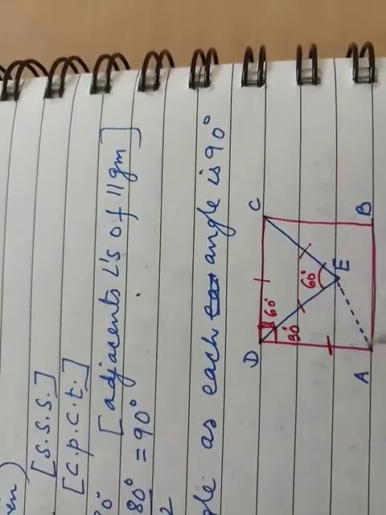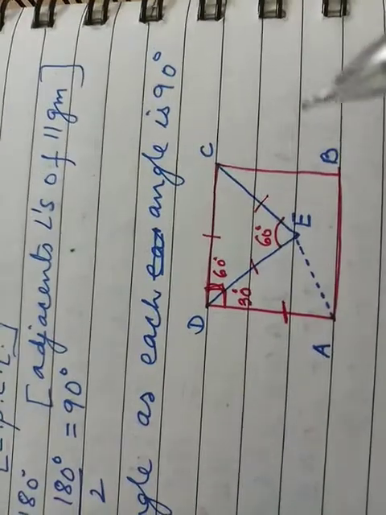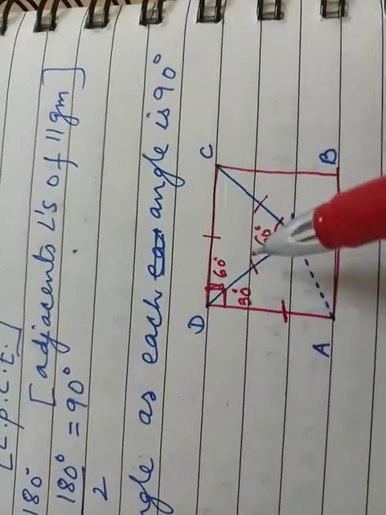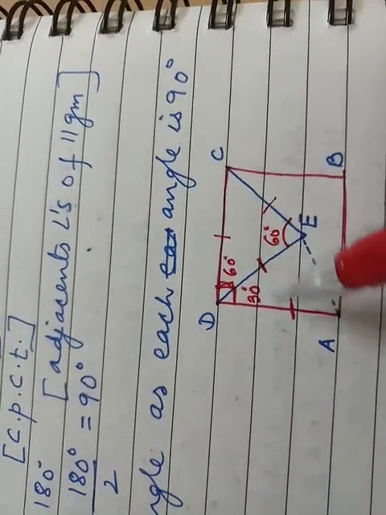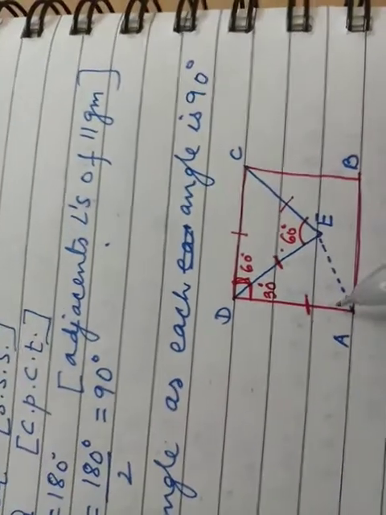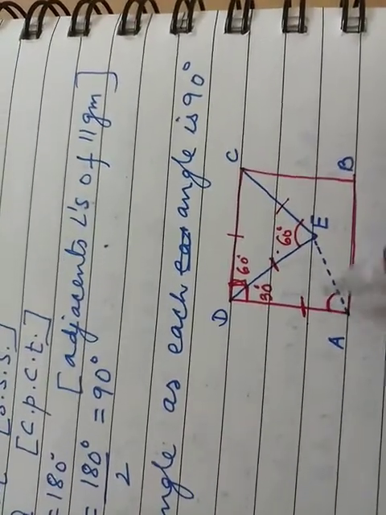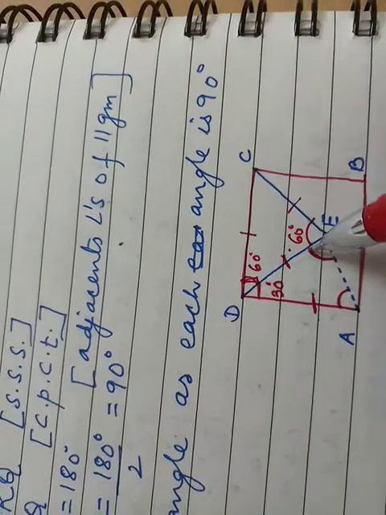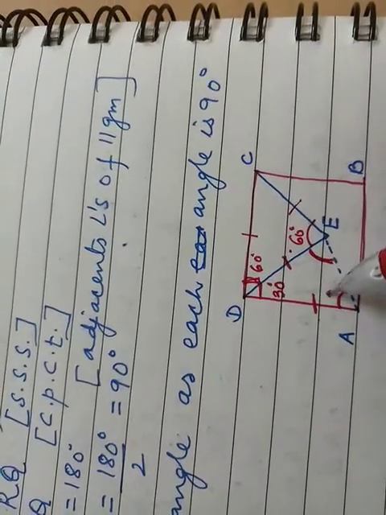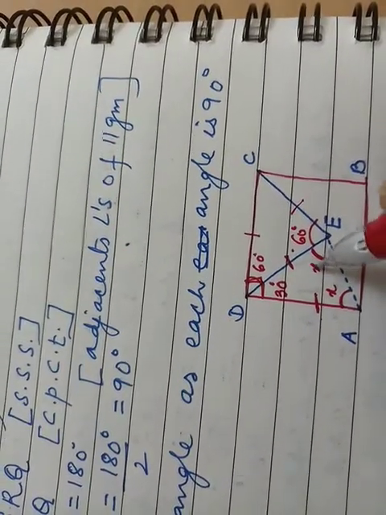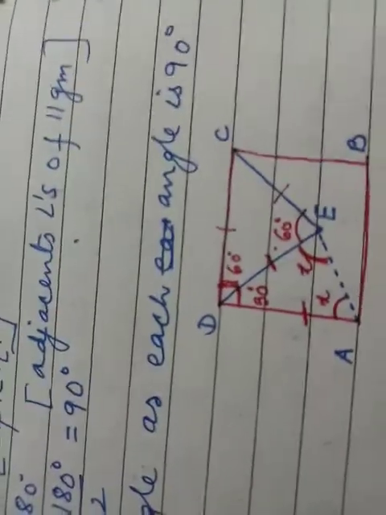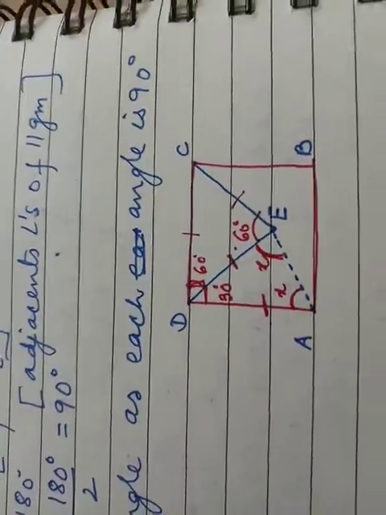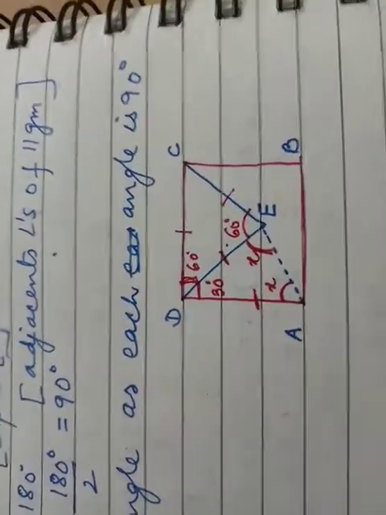Therefore, triangle ADE is an isosceles triangle. So these two sides are equal. Therefore, this angle and this angle will become equal. So let it be x, therefore it will also become x. Now we have to calculate the value of x.